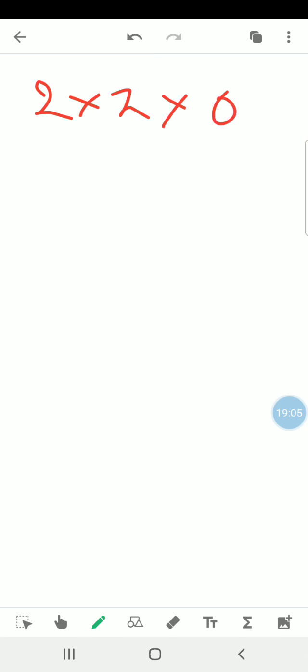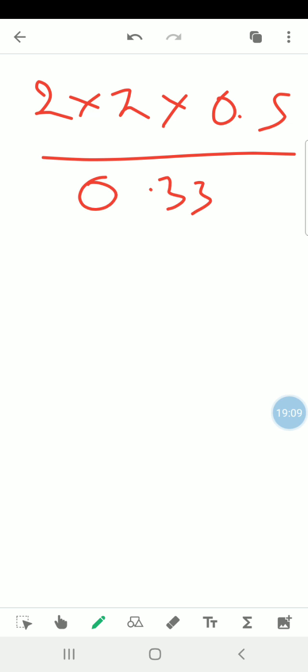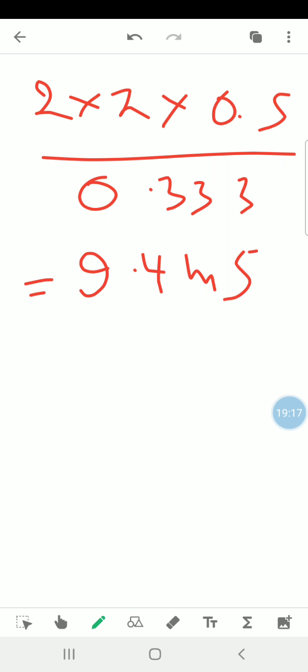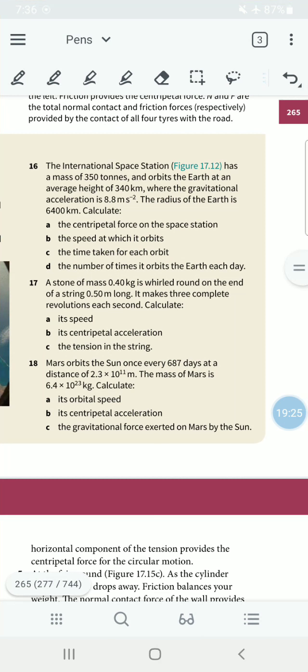So it is 2 pi times 0.5 divided by 0.333. This will give you the answer to be 9.4 meters per second.